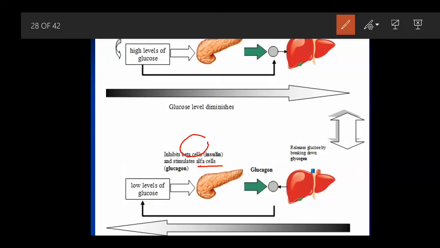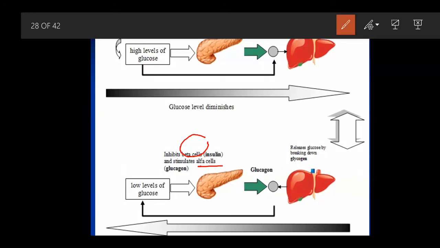So the function of insulin is not normally to convert. That is not the function. The function of insulin is to stimulate, and specifically insulin stimulates the cells of the liver to carry out three functions.